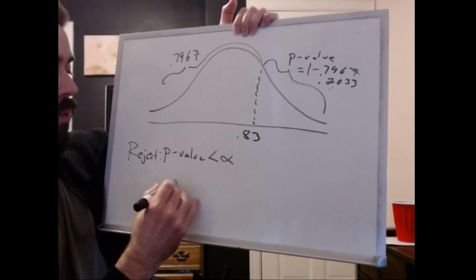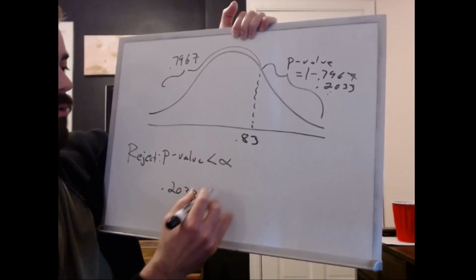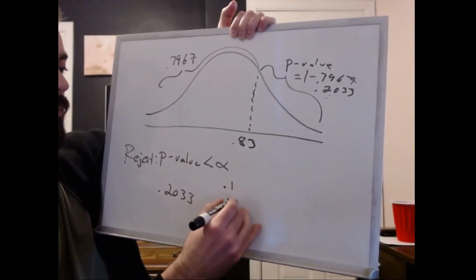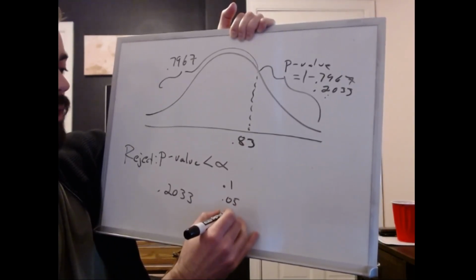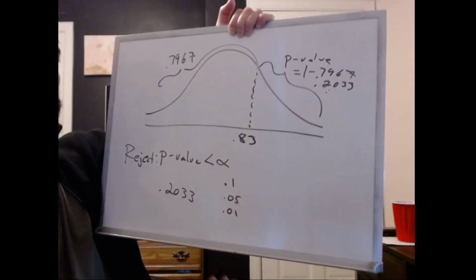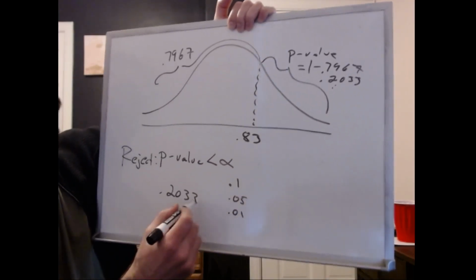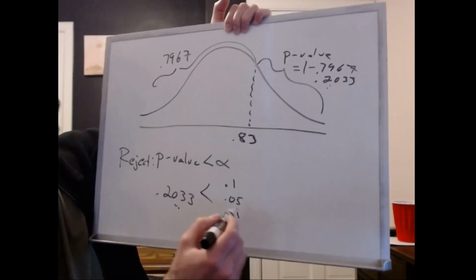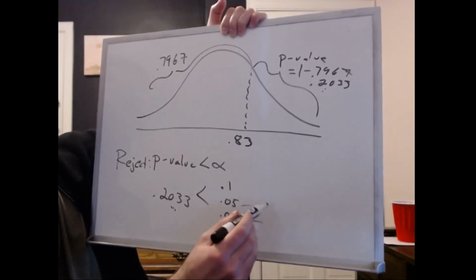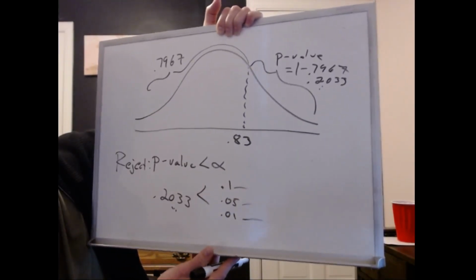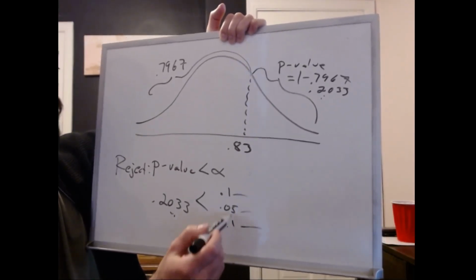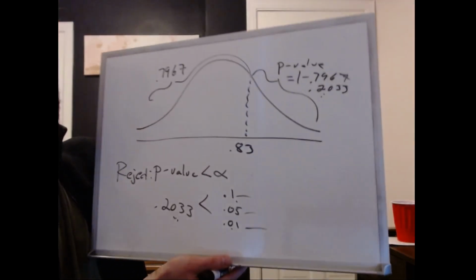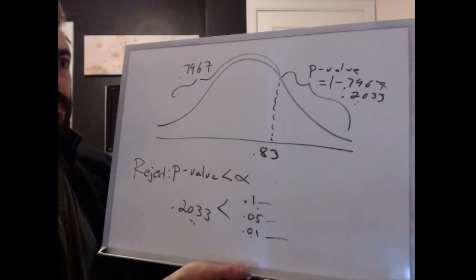With a p-value of 0.2033, the usual alphas I look at are 10%, or 0.1, 5%, or 0.05, and 1%, or 0.01. If I look at 0.2033, it's less than all three of those, right? So I can reject at the 99, 95, and 90% confidence levels, or at the 1, 5, and 10% significance levels. It's two different ways of saying the same thing.